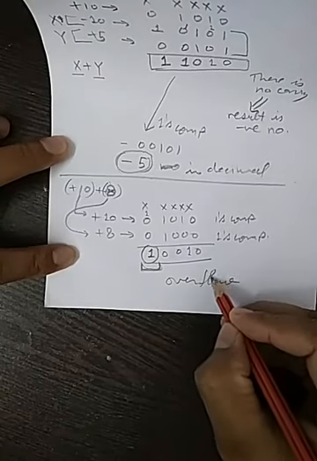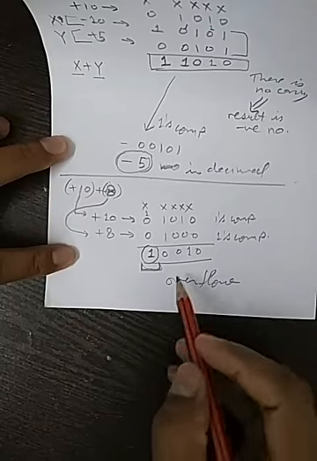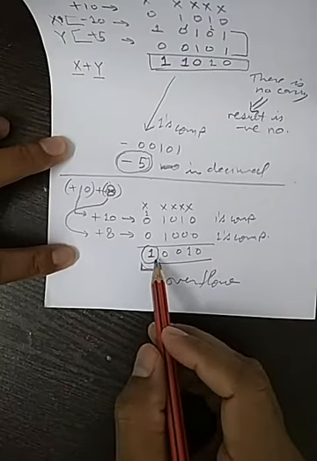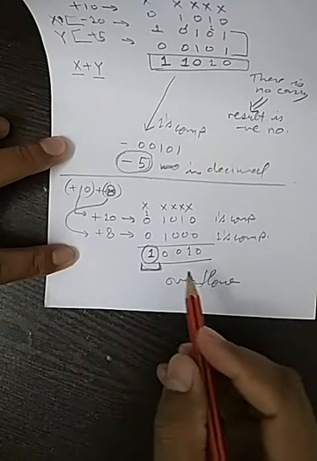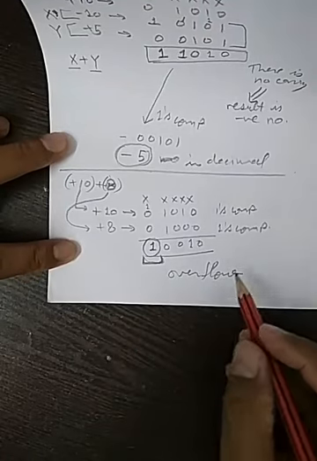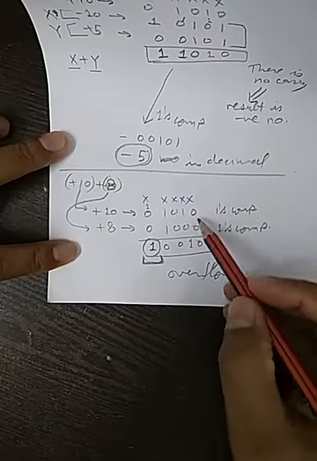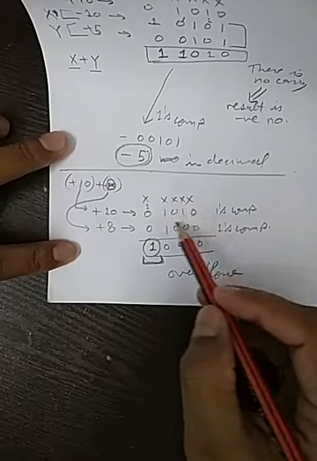Okay, so this overflow is there. So we can see how to check this overflow. We are doing it like this, but how the computer will come to know, let us try to understand. I think you are aware about the overflow now. So let us try to understand this concept again.